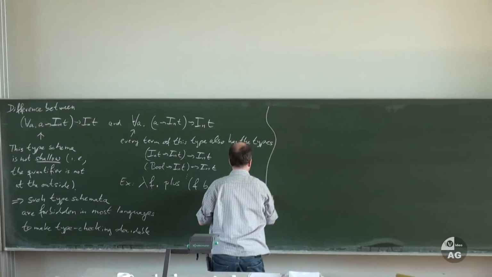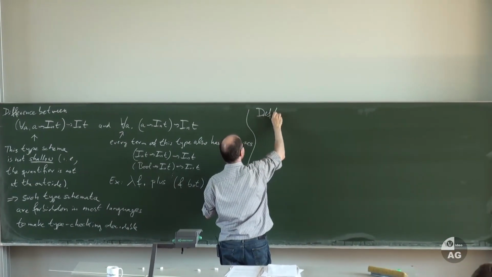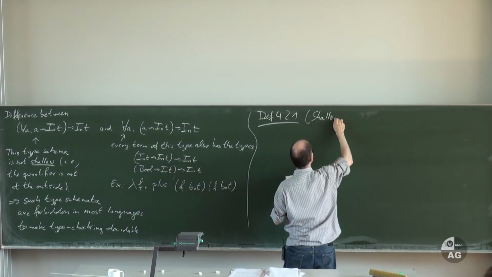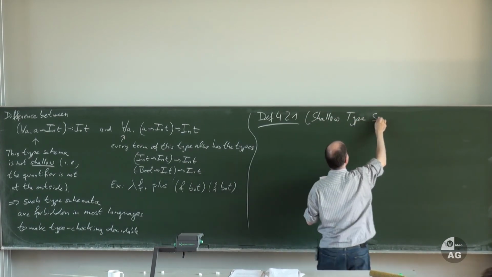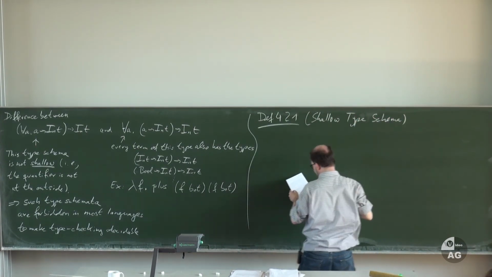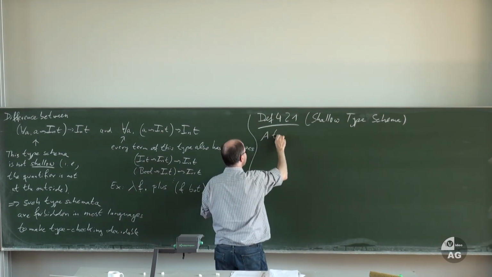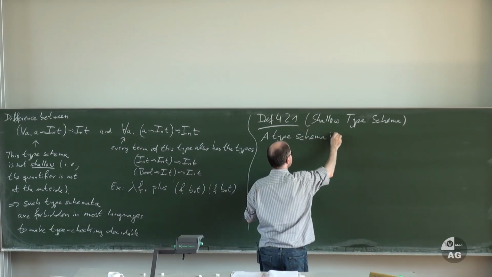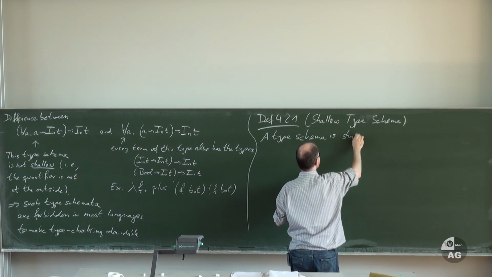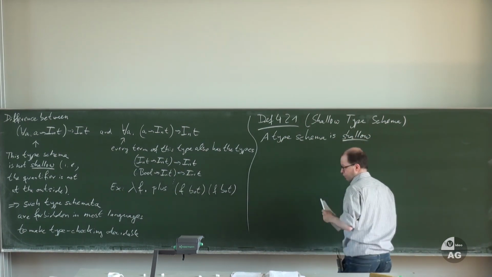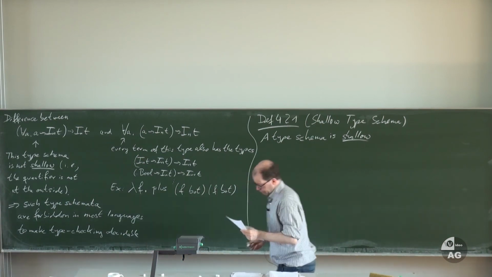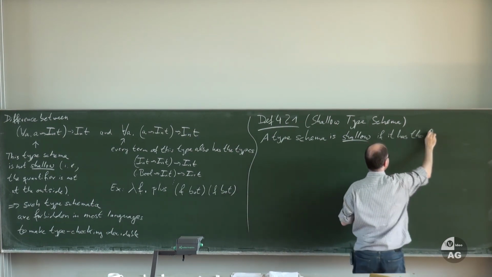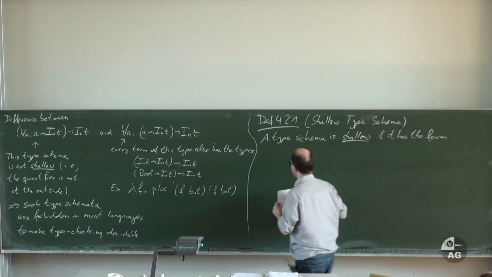What's a shallow type schema? We say that a type schema is shallow if it has the following form.